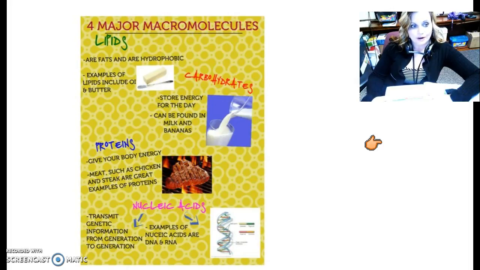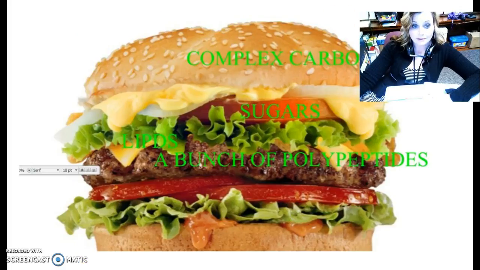There are carbohydrates, which you need for energy. There are proteins, which make a bunch of you: your muscles, your skin, your hair, your nails, among other things. And nucleic acids, which make the DNA that actually makes everything. So all of these are very important macromolecules. Without them, you'd be dead. So you need those things.